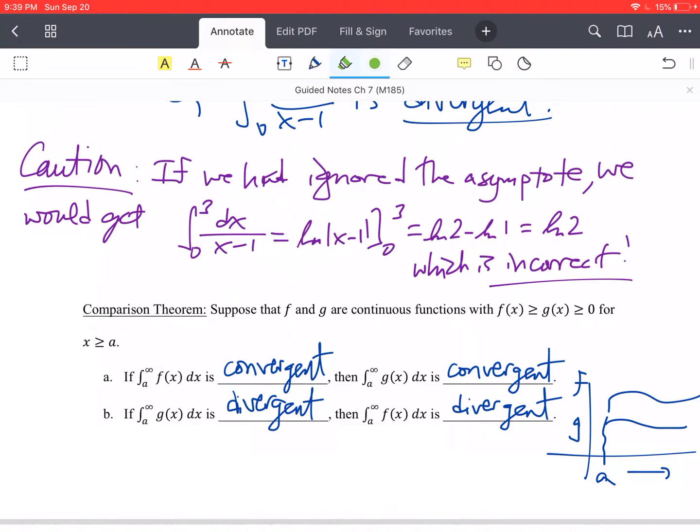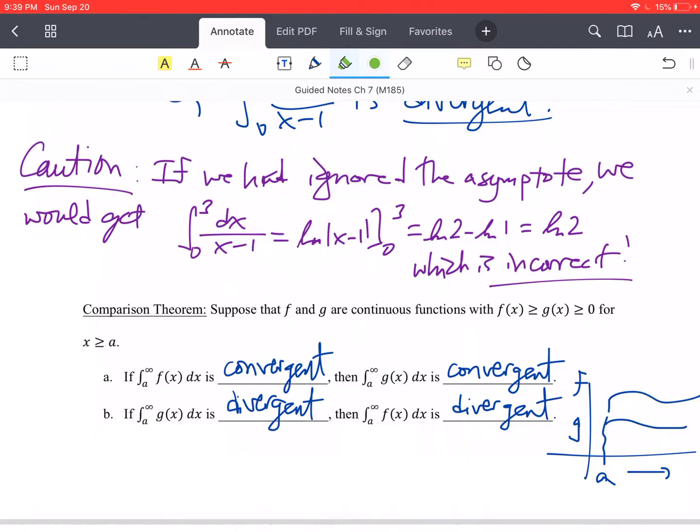If we're looking at it in terms of area, what this first one says is if the area under f converges, so if this whole area goes to a finite value, then certainly the area under g must also go to a finite value because it's smaller than the area that's under f. Okay, so we're kind of like shoehorning it in there. We're forcing it to be convergent because we're saying, well, this bigger function is convergent, so that means the smaller one has to be convergent too.